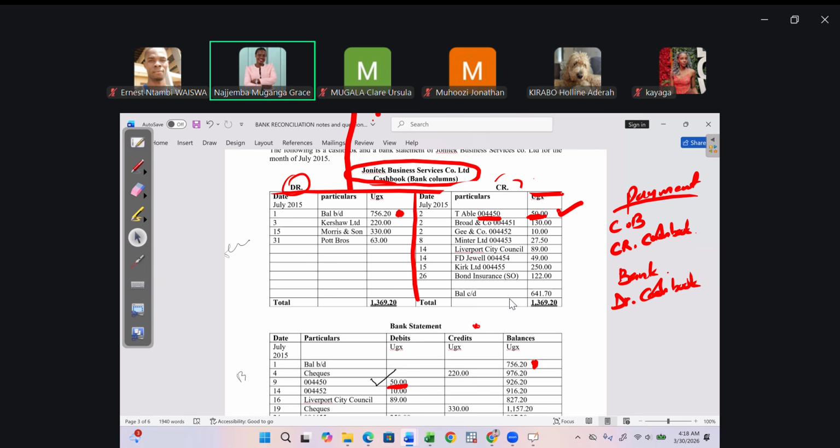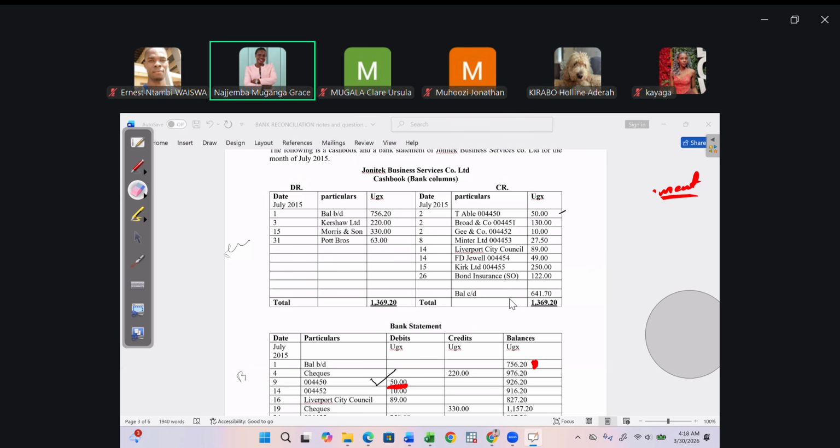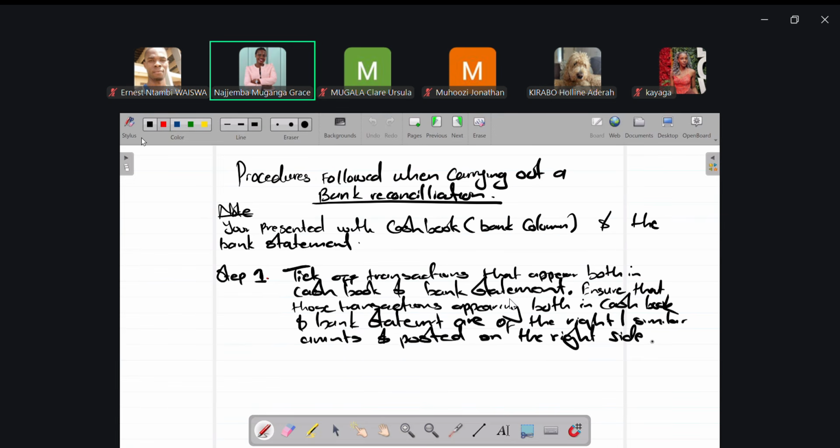Otherwise, if you just tick it off without checking whether it's on the right side or the right amount, then you're not reconciling. Already you're confirming figures that have errors in them. So members, ticking a transaction means that transaction was posted correctly with the right amount and the right side. It has no issue. You go ahead and tick both in the cash book and the bank statement.